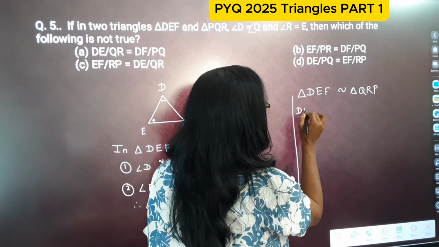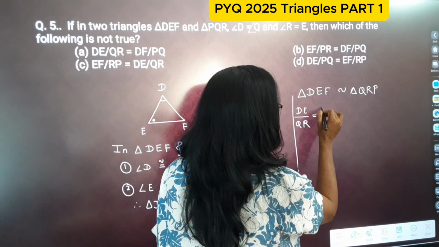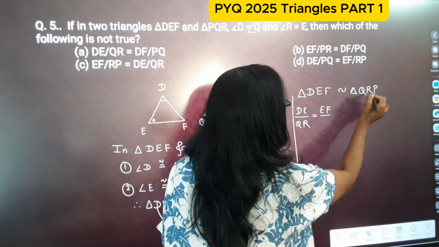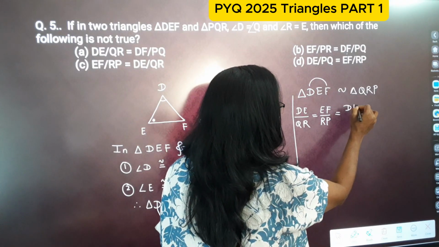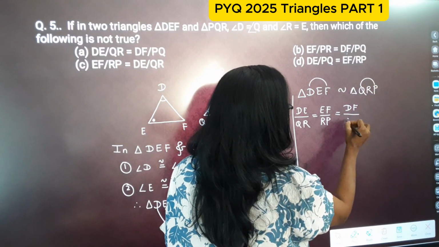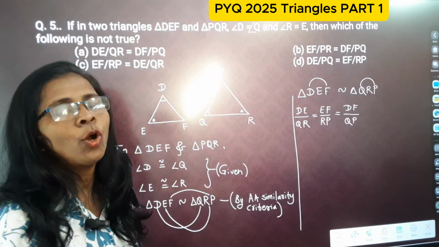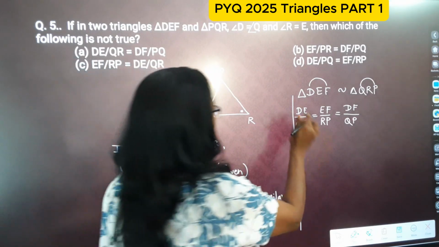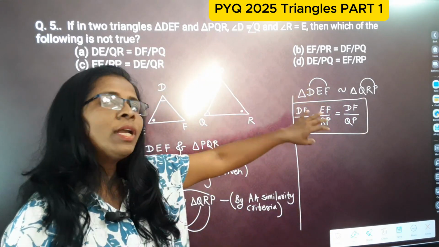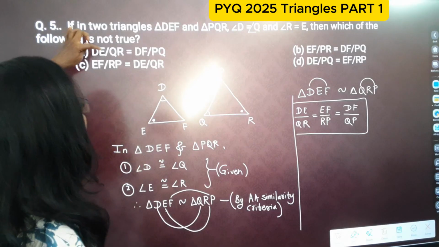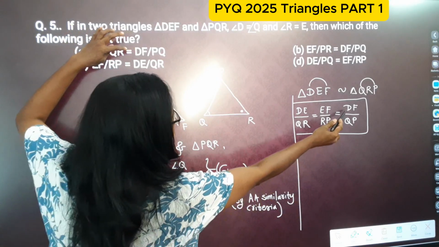So DE upon QR is equal to EF upon RP is equal to DF upon QP. Okay, so let us check which options are correct as per these equal ratios. DE upon QR, yes, DF upon PQ, okay.